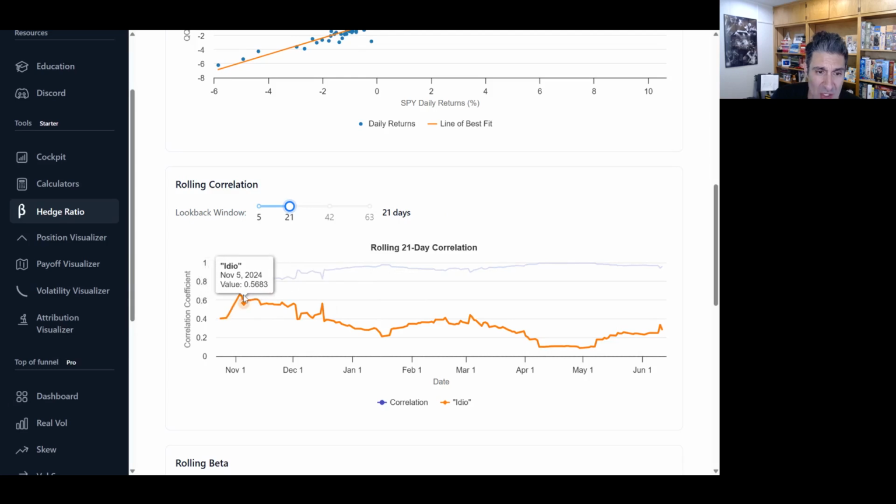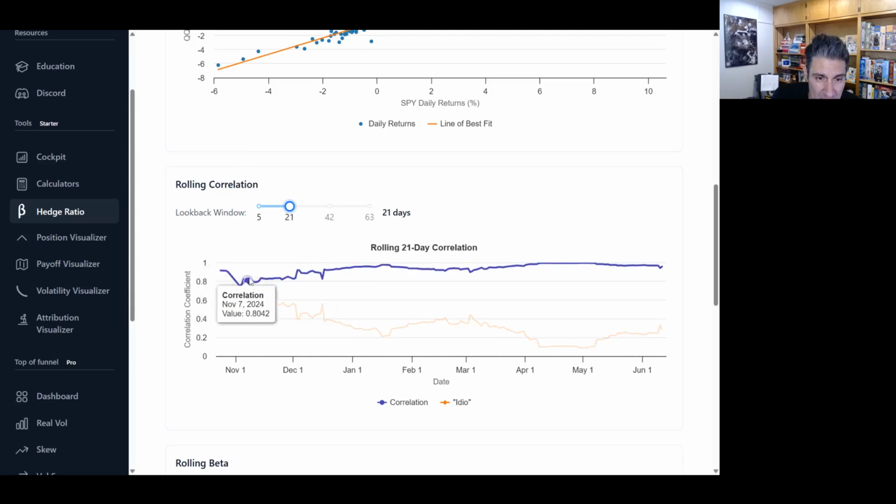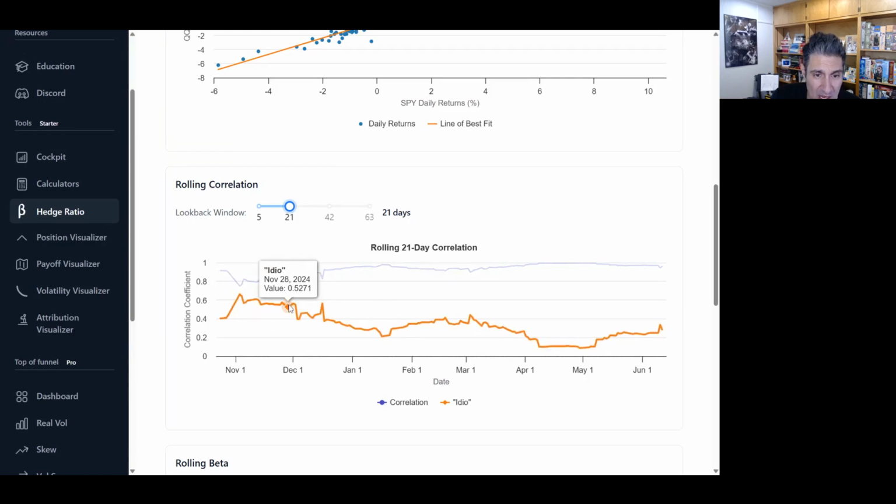It's just a formula. So let's find a spot where it's like 85% correlation. There you go, like 85% correlation right here, November 28th. We go down here, November 28th, and the risk remaining is about 52%. So that's about right. About 85% correlation means there's about 50% of your risk remaining.